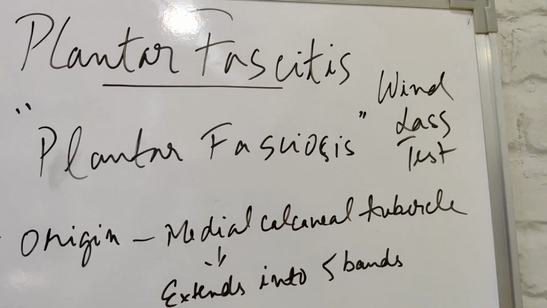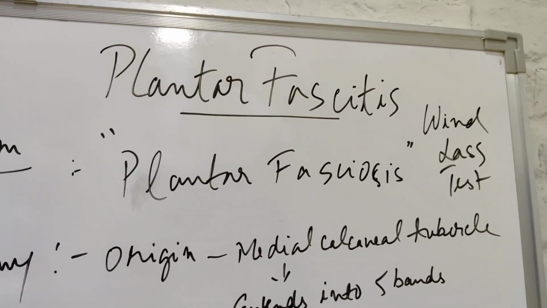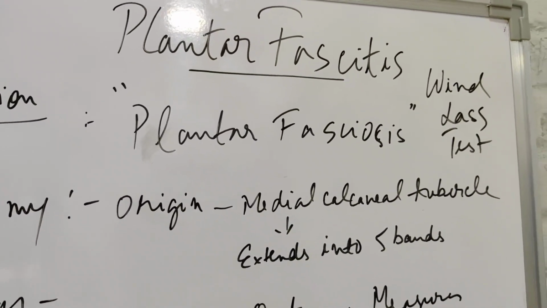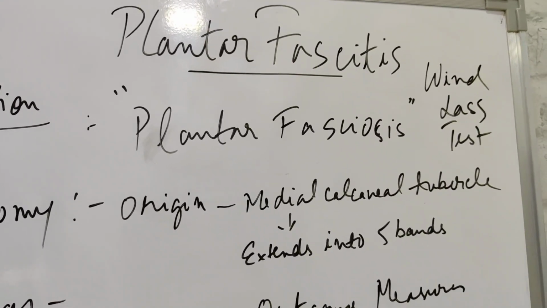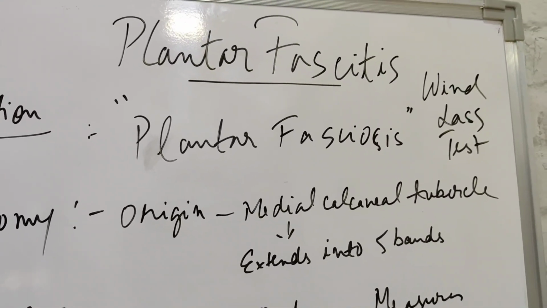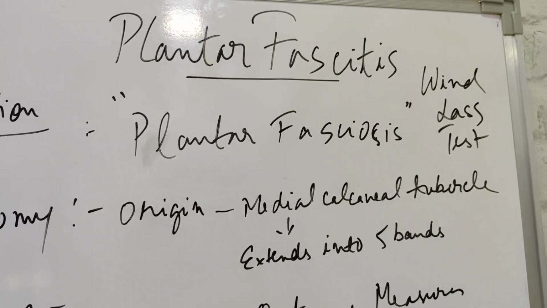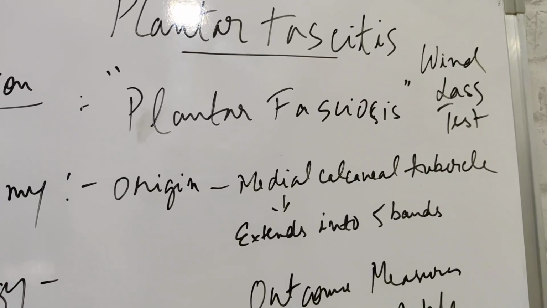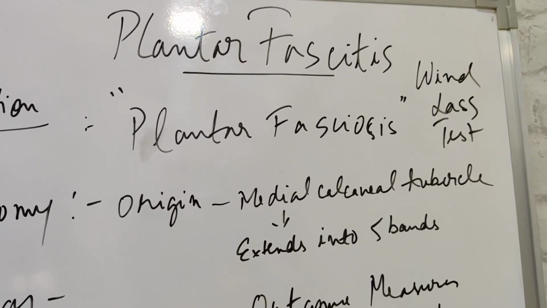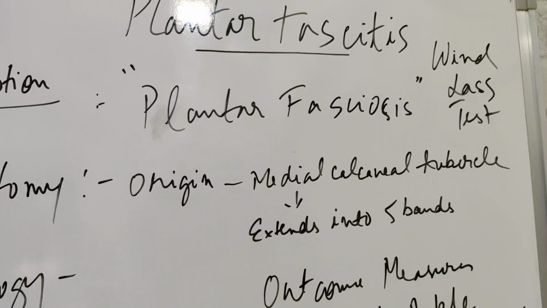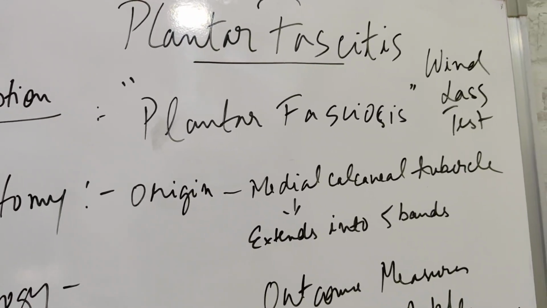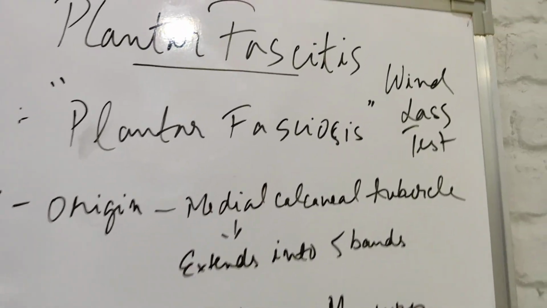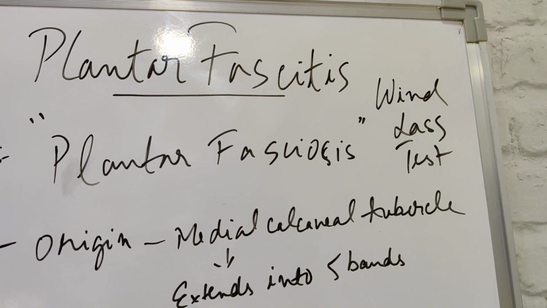In the windlass test, the patient is supine lying and the foot to be examined will be out of the couch, and the examiner grabs the foot, stabilizes the ankle, dorsiflexes passively and creates a maximal stretch where the pain will be a positive sign of this test, and this is popularly used.